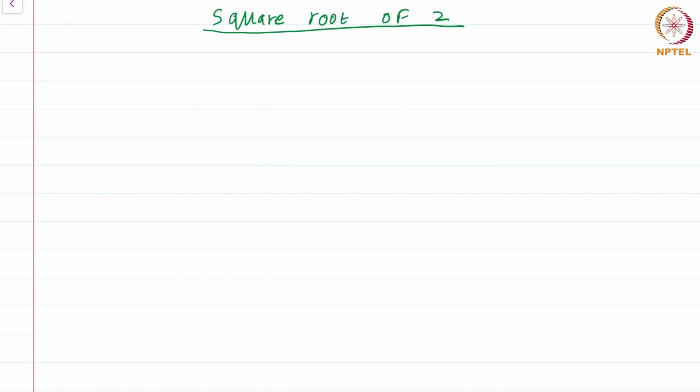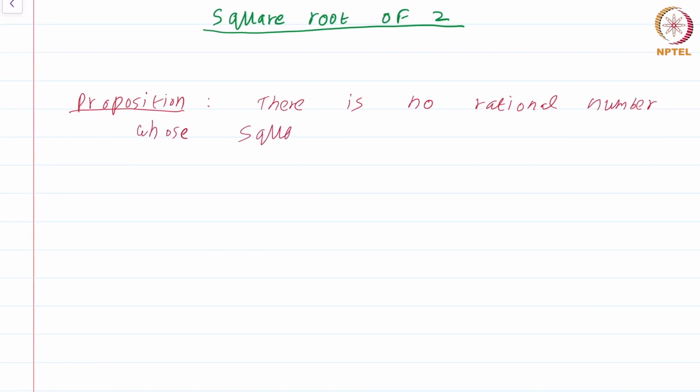First, let me make a very precise statement as to what I want to prove. Proposition: there is no rational number whose square is 2.